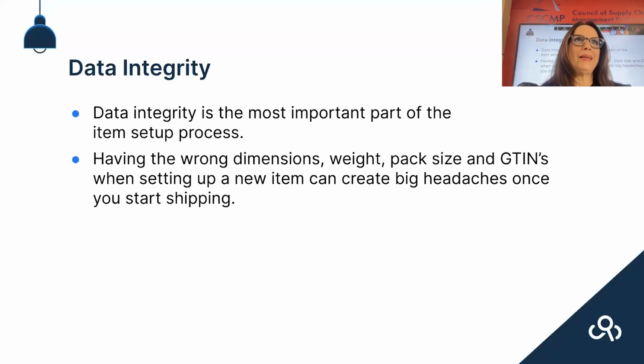So one of my sayings that I tell my clients when I'm setting up items is garbage in, garbage out. What you put into the system is what it's going to spit out of the system. And if you don't have the right dimensions, weights, pack size, GS1, if you mess up the GS1, that's a big one. It will create huge headaches for you guys when you're shipping.